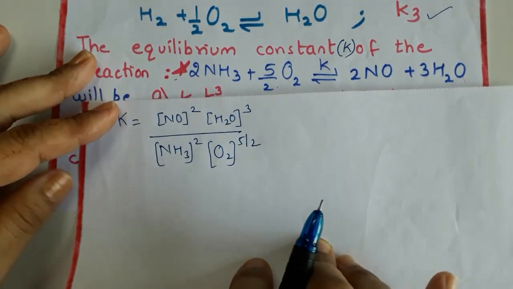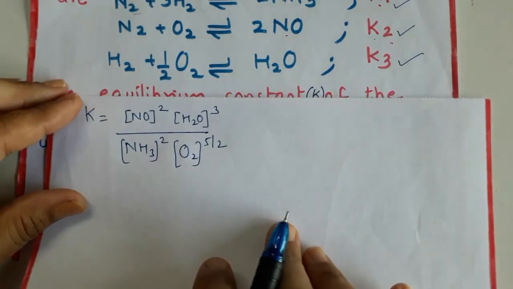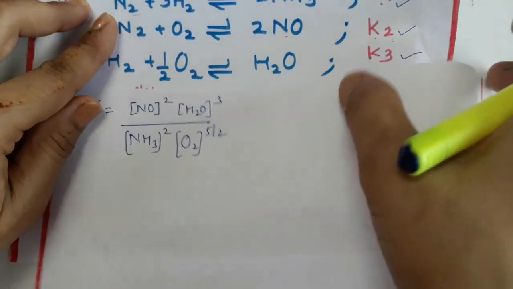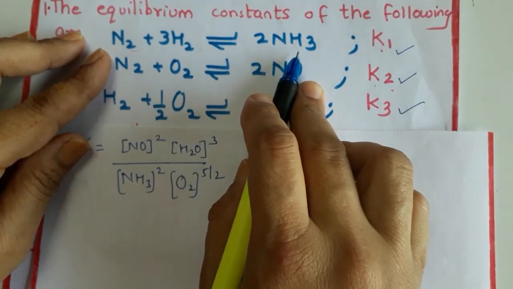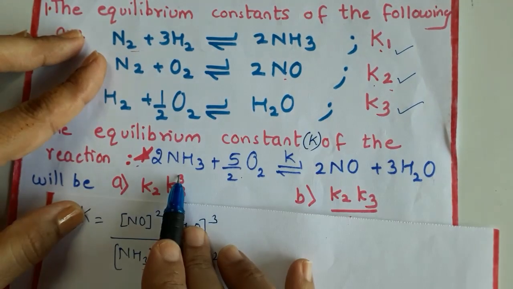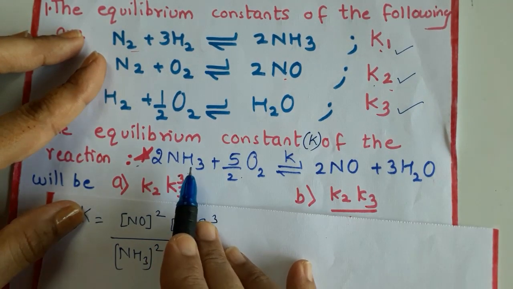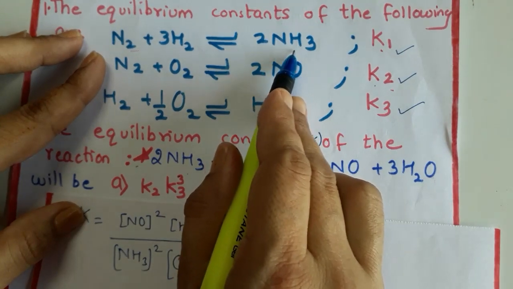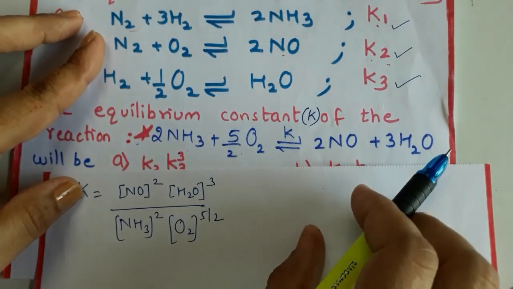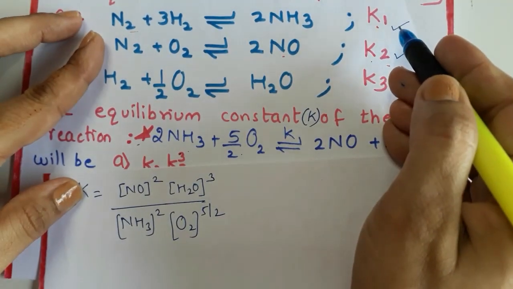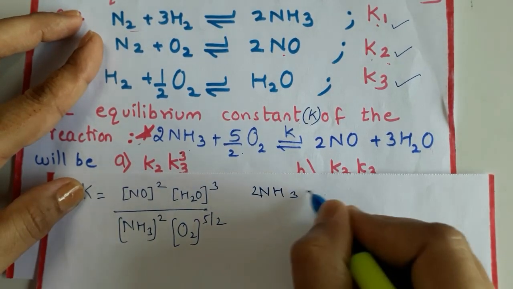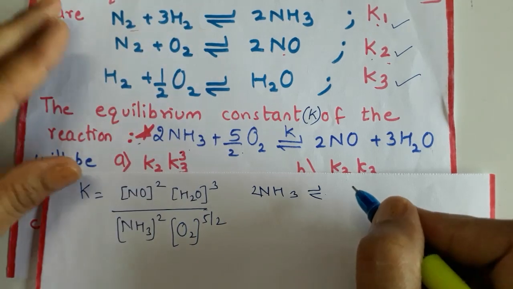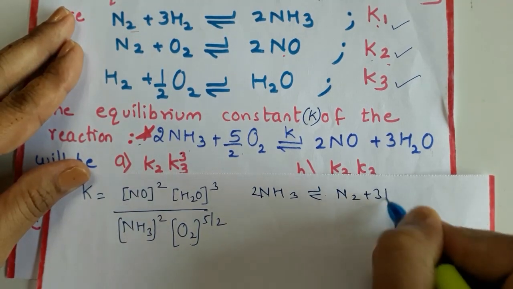Fine. Now let us look at the given reactions. In this reaction, ammonia is on the product side, but we want ammonia on the reactant side. So if I reverse it, the value would be 1 upon K1. I write the reaction with ammonia flipped, N2 plus 3H2.